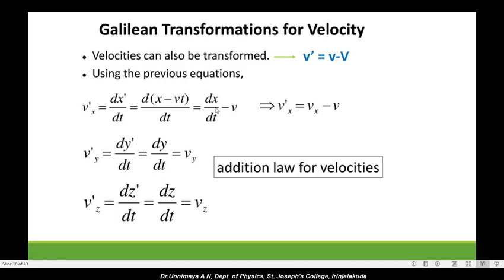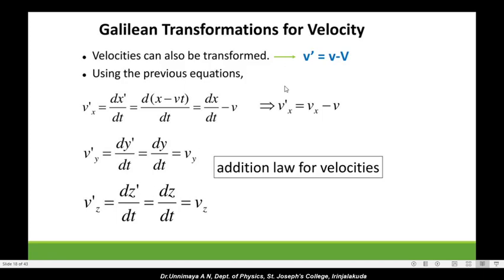Differentiating, we get dx by dt minus v, where dx by dt is vx, the velocity along the x direction. So vx prime is the velocity of the particle in the S prime frame in the x direction, vx is the velocity of the particle with respect to the S frame in the x direction, and v is the velocity with which the S prime frame is moving.